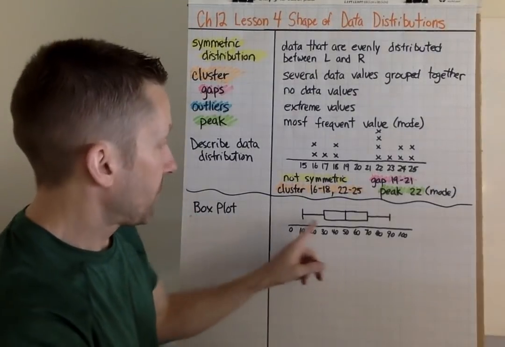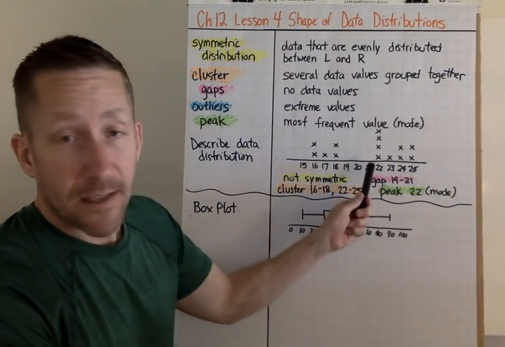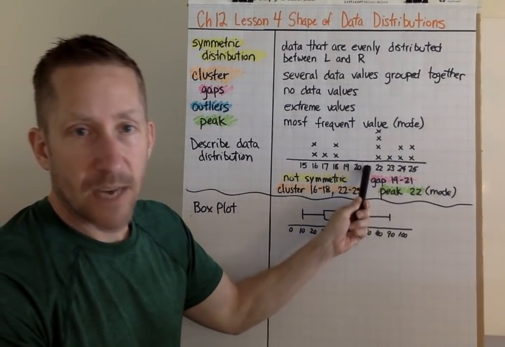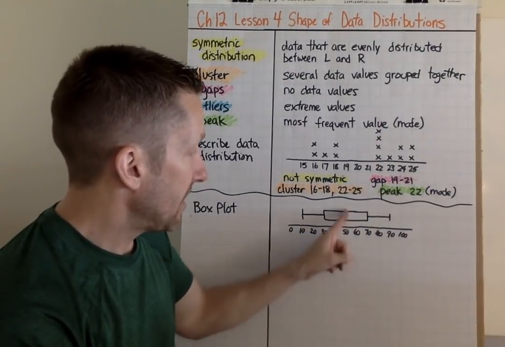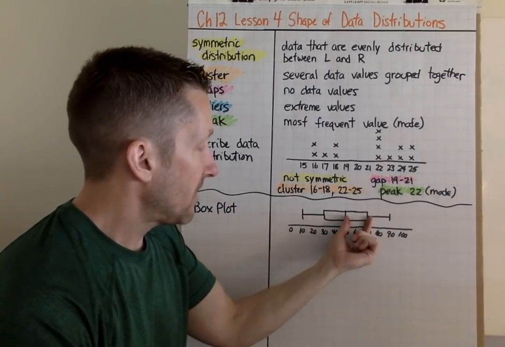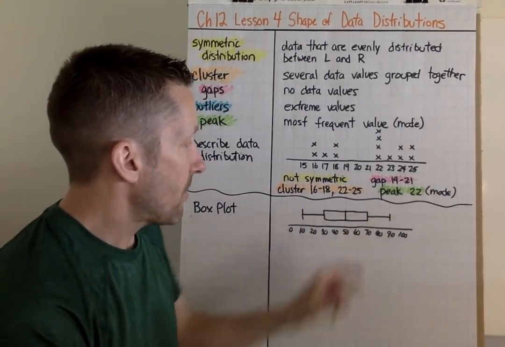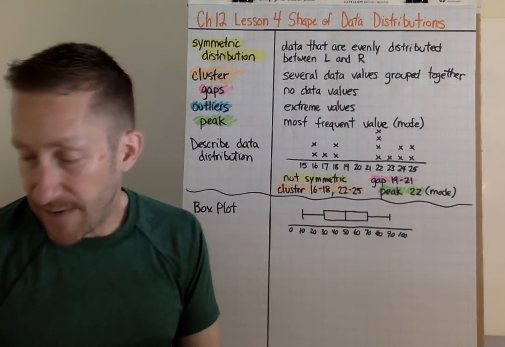Okay, so box plot or box and whisker plot. Unlike the line plot or dot plot, I don't know the actual data values. I know that the median is 50. Here's the first quartile, second quartile, and here are my whiskers. But I don't know the actual data values.